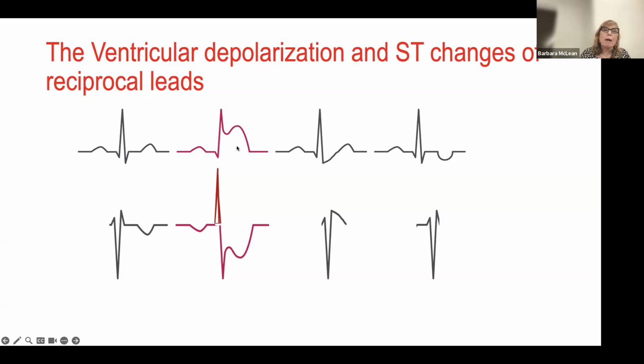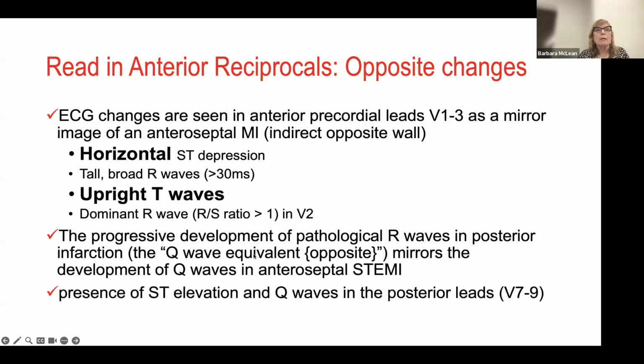Remember, if this was my posterior wall, I'd be seeing ST segment elevation, but I'm not looking at the posterior wall. I'm looking at V1, V2, V3, and what I'm going to look for in those leads is ST segment depression. So for posterior involvement, we're always going to read it, at least first, in the anterior reciprocals, which are the opposite changes.